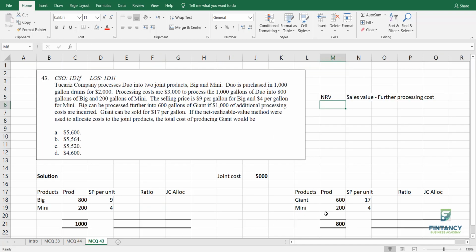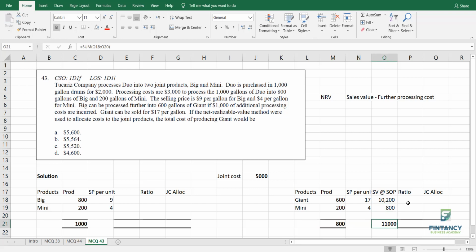First of all, you will calculate the sales value at split off point. Same, like we did before, because we need sales value, right? So if I need sales value at split off point, what I will do is I will multiply this with this, right or not? Very nice.